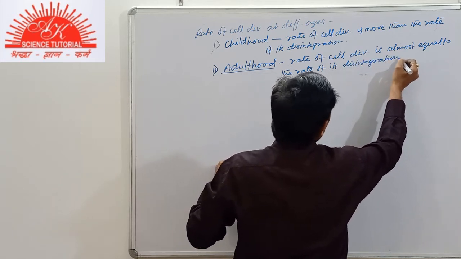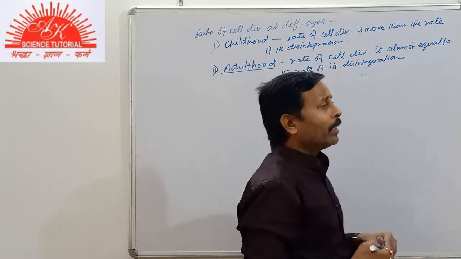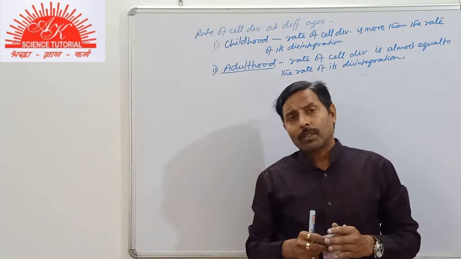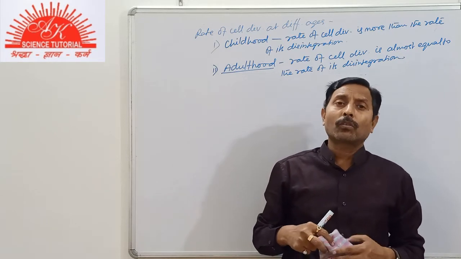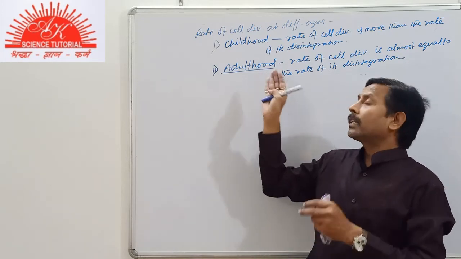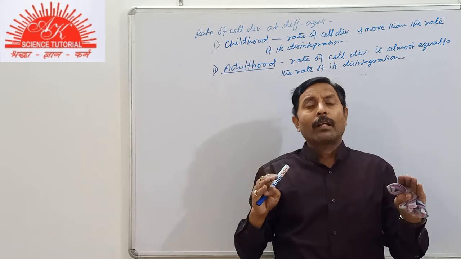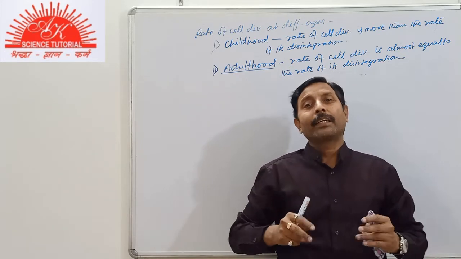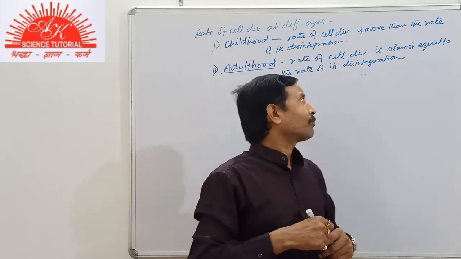Means in this phase you see, that is, once we acquire adulthood, our body size becomes almost constant. It does not grow because the rate is equal. Now at that time we grow only in thickness due to the deposition of fats.